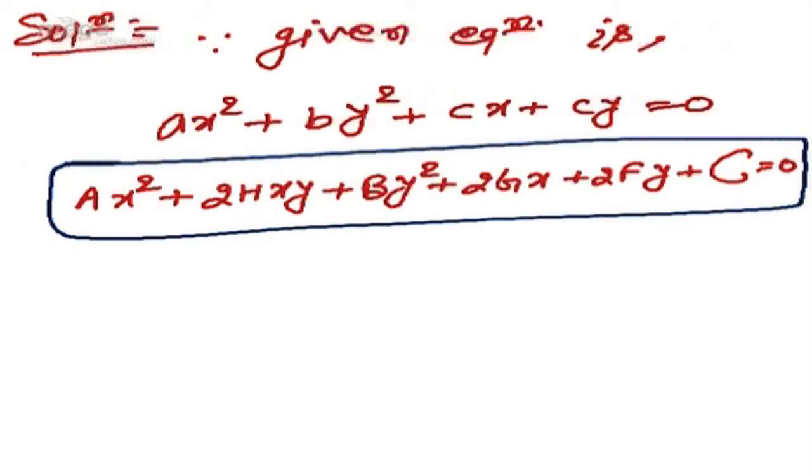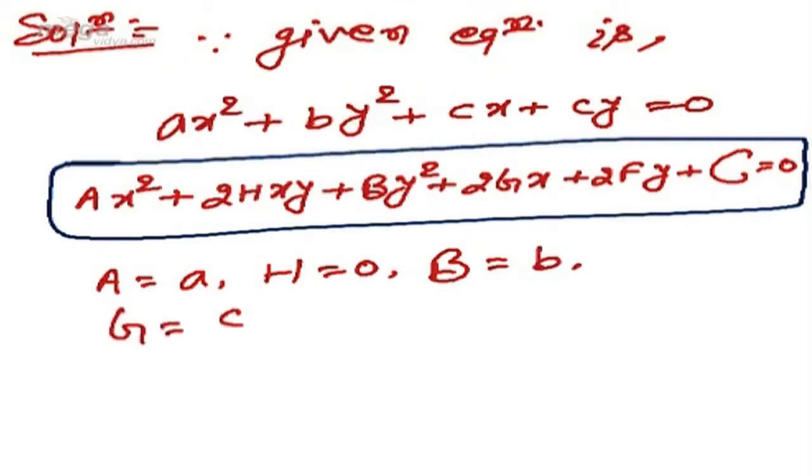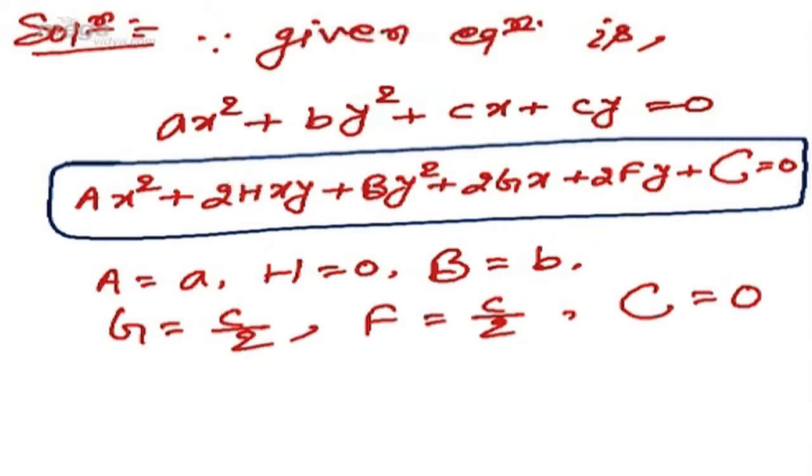When you compare these two, you will get a = a, h = 0, b = b, g = c/2, f = c/2 again, and capital C = 0.